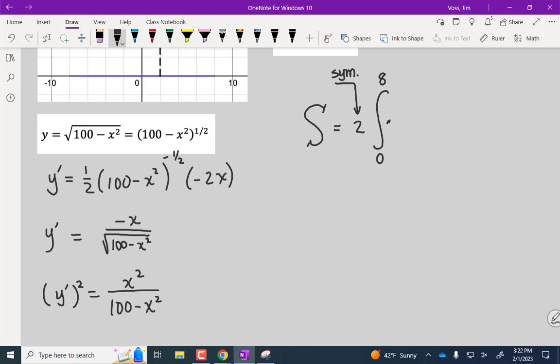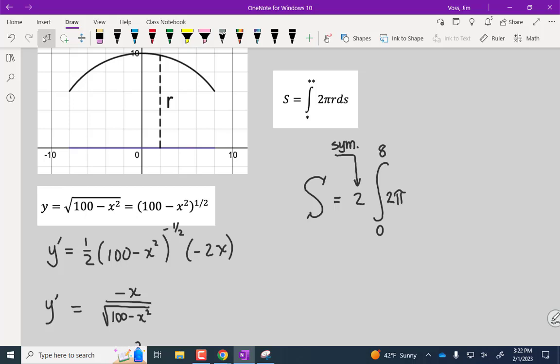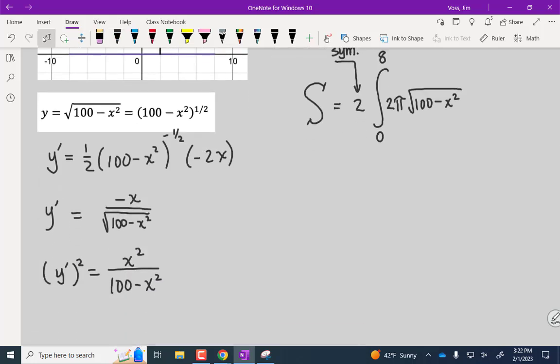And then 2 pi r. So r is that distance. That is the function. That's what the function measures. So square root of 100 minus x squared. So that's the 2 pi r. And then ds. ds is 1 plus y prime squared underneath the square root.